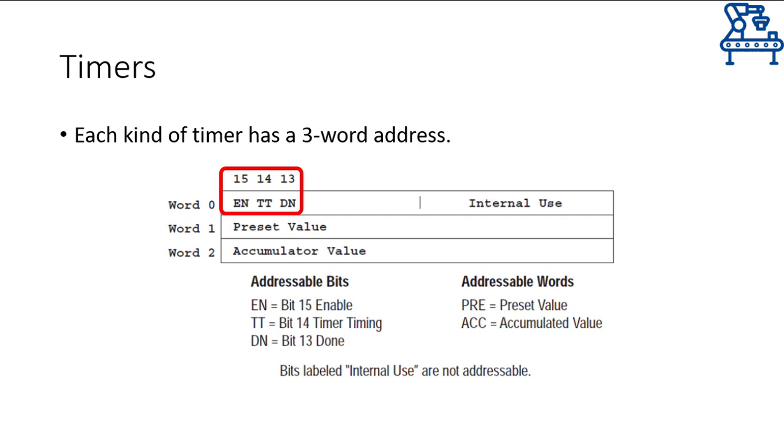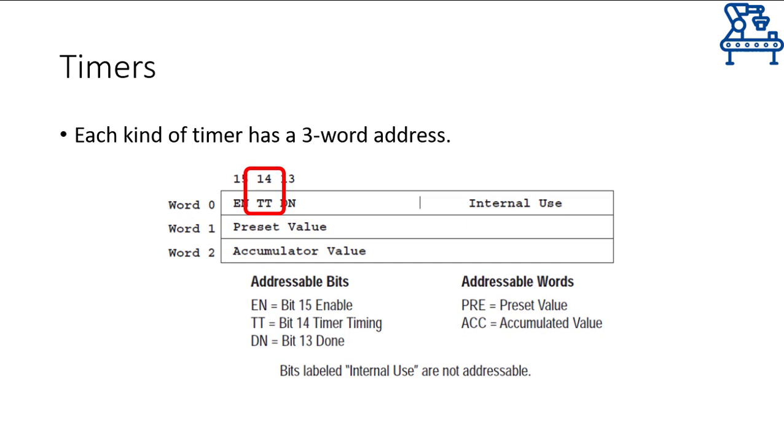Of these three words, the most significant bits of word 0 are used to store the status of the timer. Bit 15 shows whether the timer is enabled or not. That is, if the run conditions are true, the timer will be enabled and this bit will be true or 1. Otherwise, it will be 0 and the timer will be disabled. Bit 14 shows whether the timer is currently timing or not.